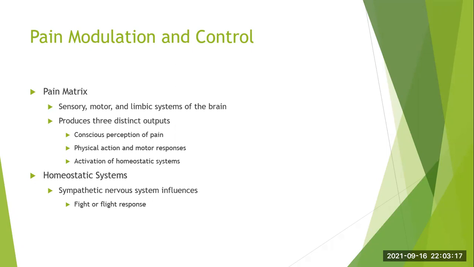The physical action and motor responses happen in the motor system. And the activation of the homeostatic systems happens in the limbic systems of the brain. So homeostatic systems, the sympathetic nervous system, is the fight or flight response. When the sympathetic nervous system is activated, boom, it's all activated at once. It's like 0 to 100.